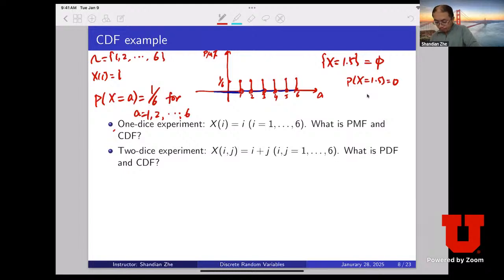So let us consider different ranges of A. This is 1, 2, 3, 4, 5, 6, right? So we can partition the range of A according to those numbers. So the first range is A less than 1.